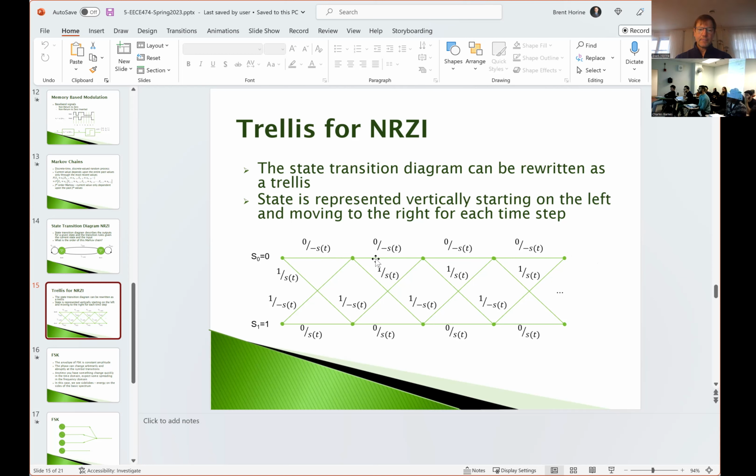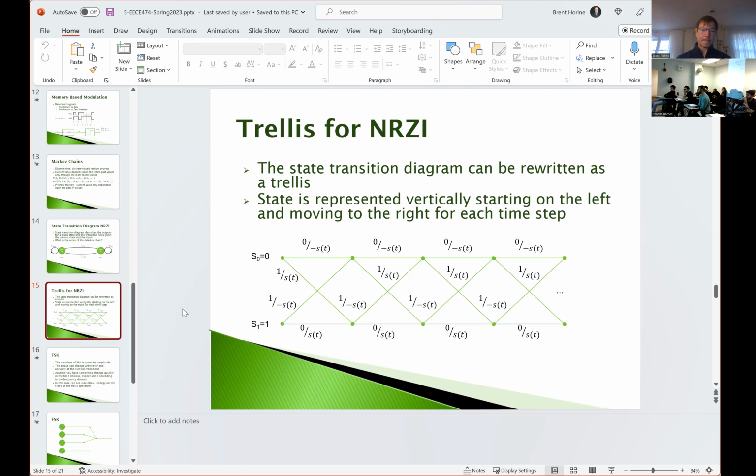But each transition is shown here, where if we're in state 0 and we receive a 0, we're going to stay in state 0, right? If we're in state 1 and we receive a 0, we're staying there. But if we receive a 1 from any of those, we transition, right?